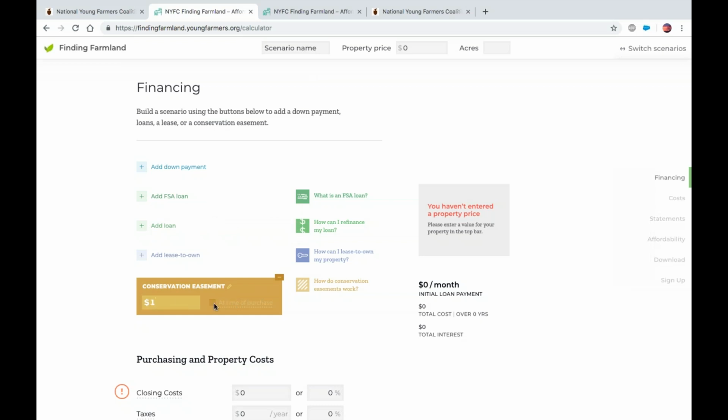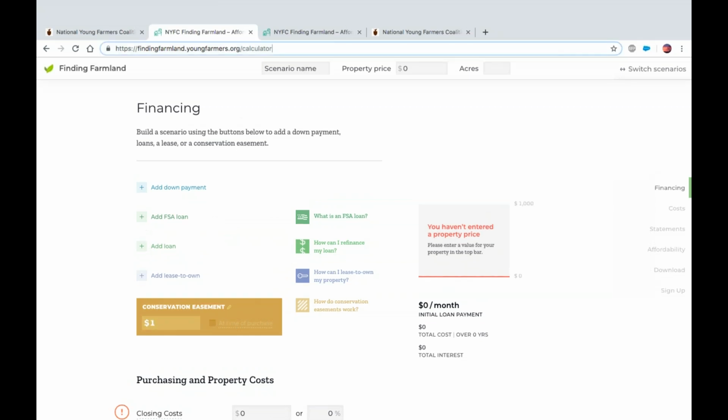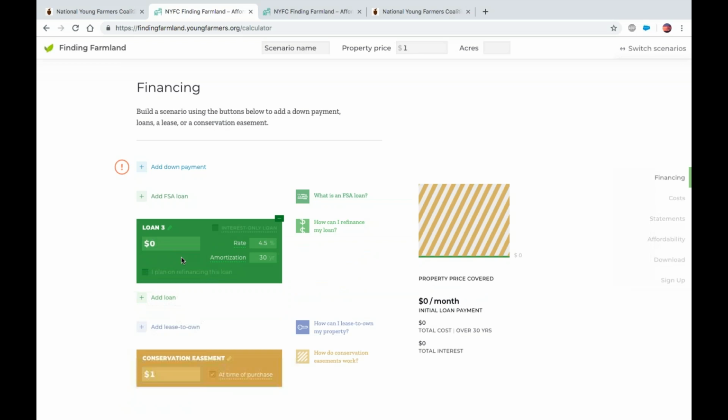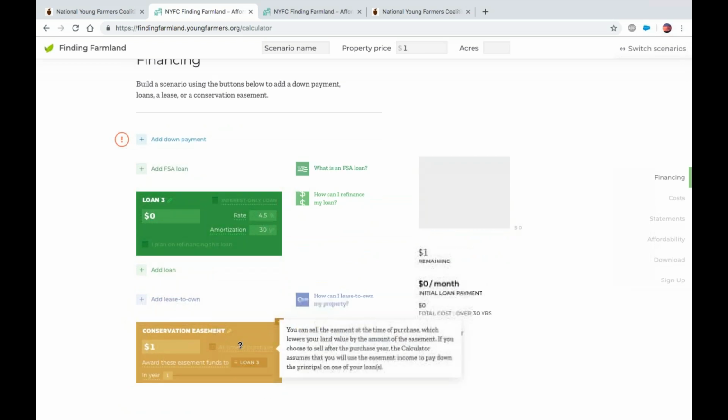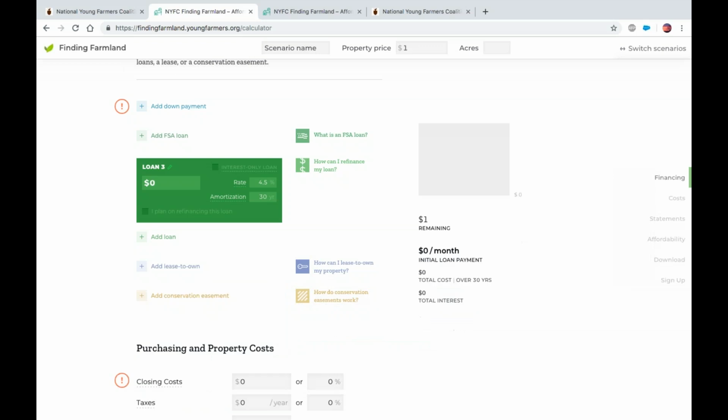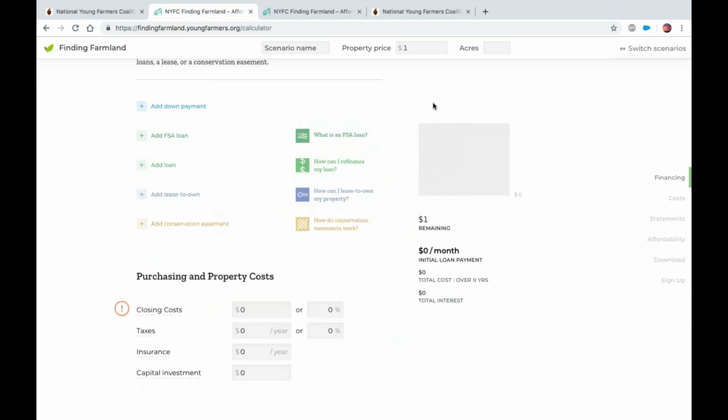I need to put something in there, a property price, in order to show you. Okay, there you go. And you could also put it on the loan later in the payback period, which is more likely how people will get conservation easements. Usually you buy the property, own it, and then you're working with the land trust to conserve it.